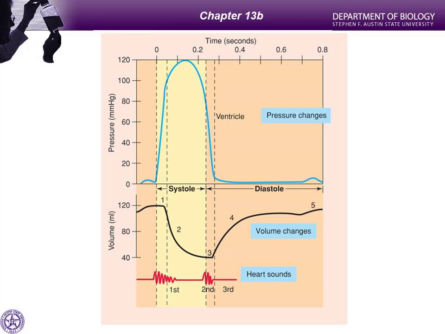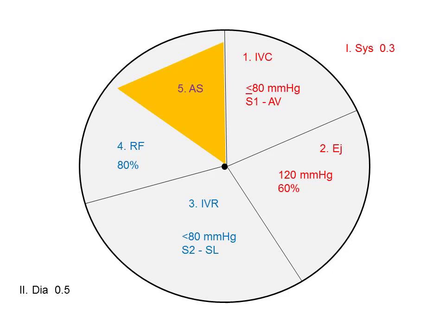And so now when we look at our summary, this probably makes a little bit more sense. This first stage lasts 0.3 of a second. What do we call this? The upper right corner. Systole. Down here for half a second.